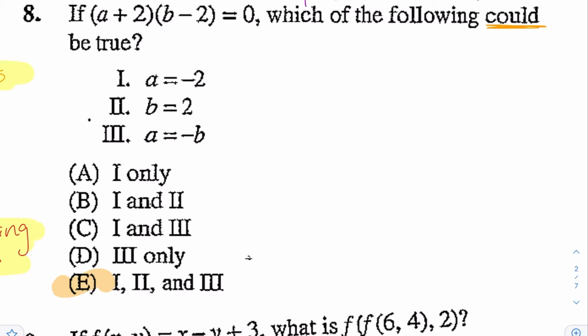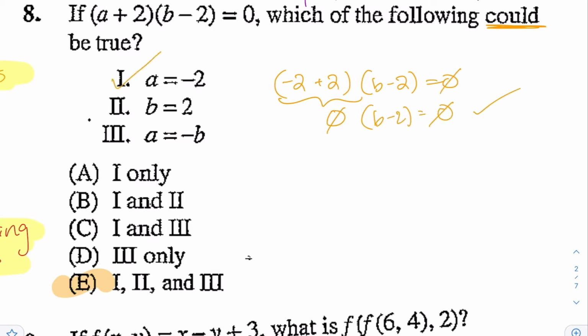For Roman numeral number 1, if a is equal to negative 2, then substitute negative 2 for a. That would be negative 2 plus 2 times b minus 2 is equal to 0. And here, negative 2 plus 2 is equal to 0, so 0 times anything is equal to 0. So everything would check out. Roman numeral 1 could be true. So choice D is eliminated because it doesn't have 1 in it.